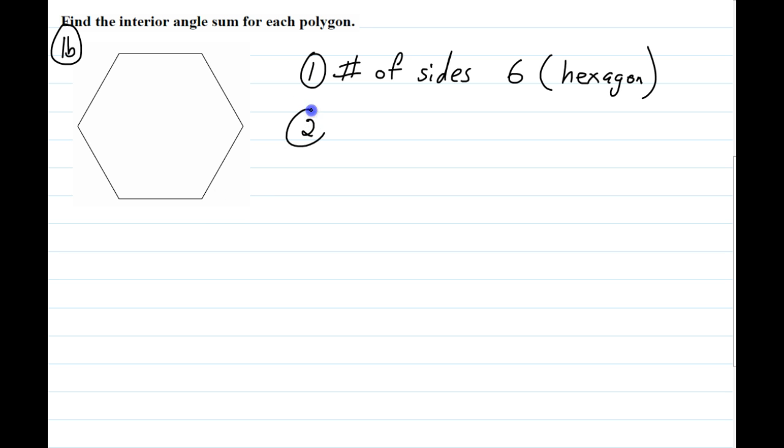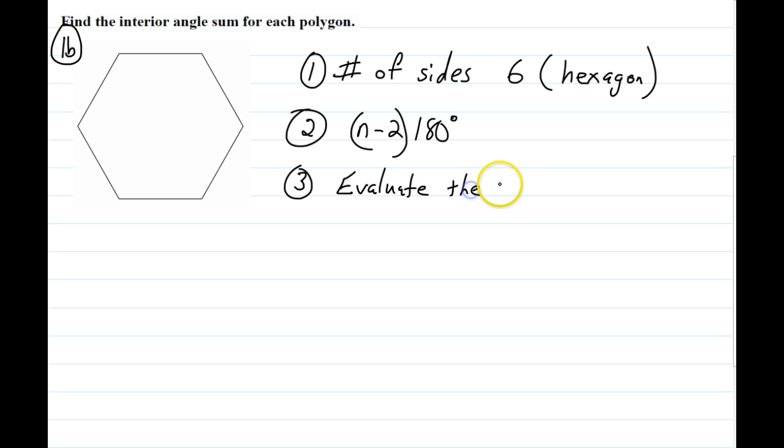Step 2, write the formula. So it's just n minus 2 times 180 degrees. Step 3 is just evaluate your formula. So go ahead and try writing the formula down, plugging in 6 into your formula, and let's see what you get.